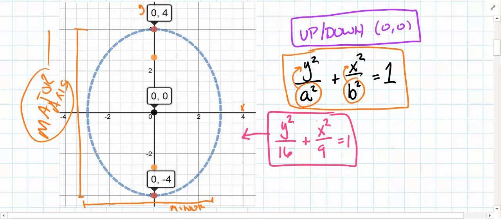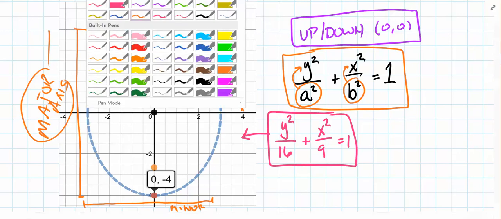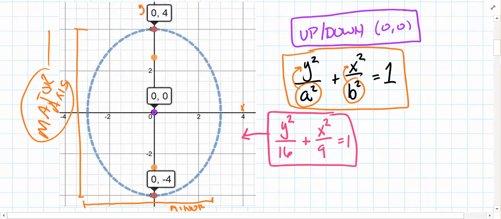So let's keep talking about this. This is our center. Our center, of course, is at 0, 0 for this one. The distance from the center to one top of the major axis is going to be called the distance of A. Okay? So in this case, you can see that A is 4 units.